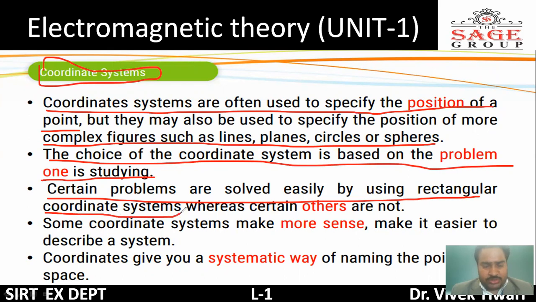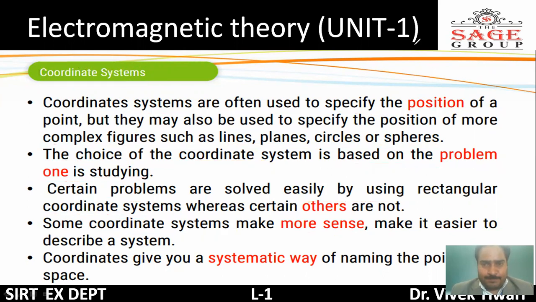It is one of the systems that we will study in this lecture. Some coordinate systems make more sense and make it easier to describe the system. Coordinate systems give you a systematic way of naming the position in space. Some benefits of coordinate systems we will discuss when we are discussing each coordinate system very clearly.